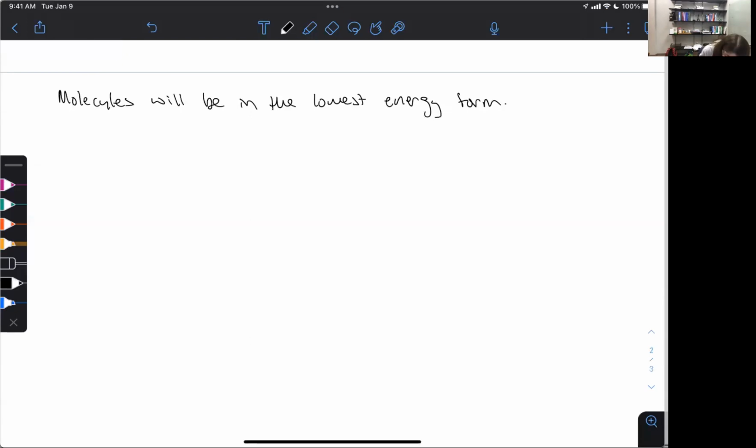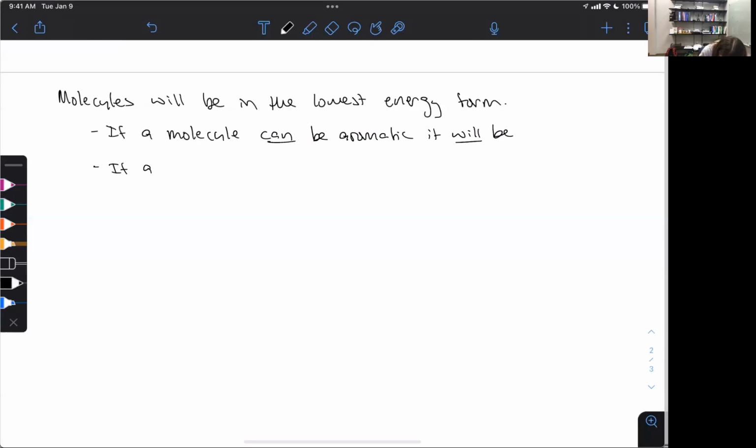Because if a molecule can be aromatic, it will be. Okay, so if it has the ability to become aromatic, it's going to adopt whatever conformation it needs to stay that way.